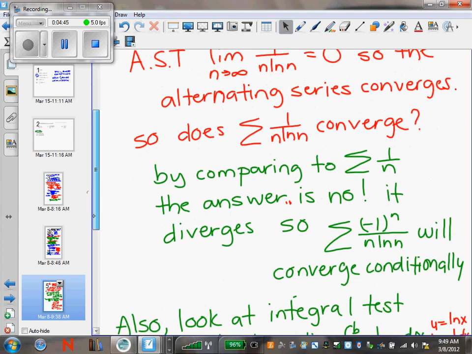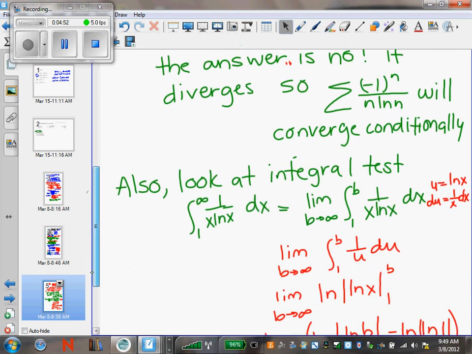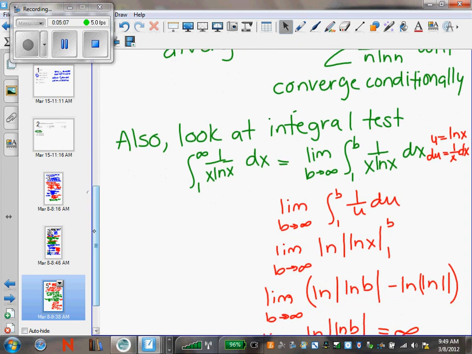We weren't so sure on that, so let's apply a different test. Let's look at the integral test. So the integral from 1 to infinity of 1 over x natural log of x dx, we need to take the limit of this integral here.